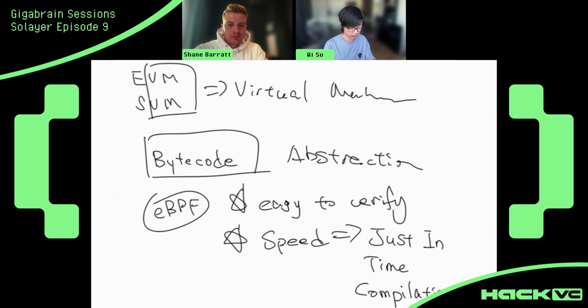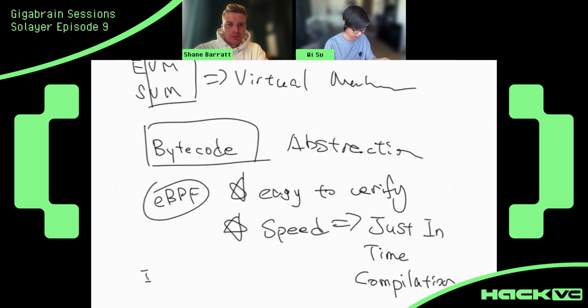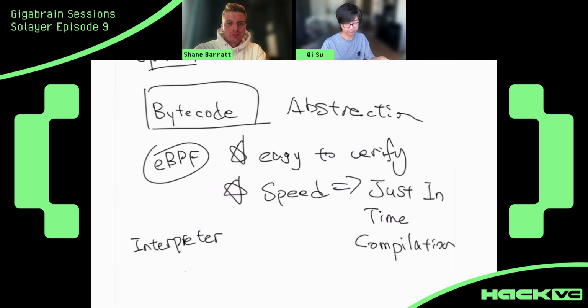For EVM, we have this so-called interpreter. For each bytecode, the program will read the bytecode and decide what it's going to do in a lot of CPU cycles.